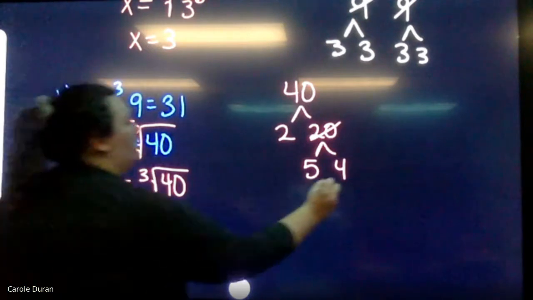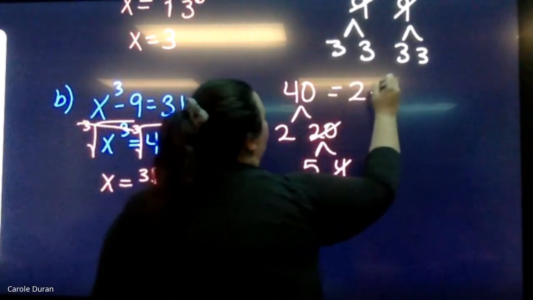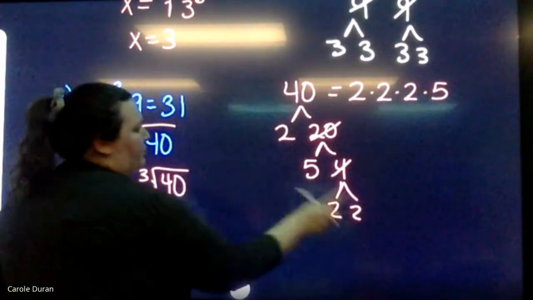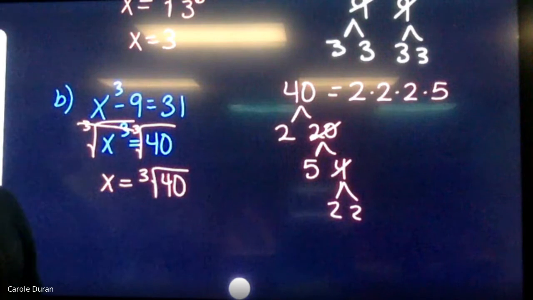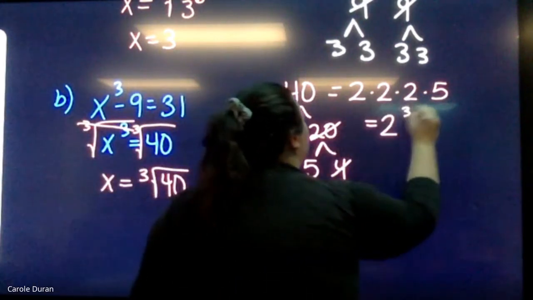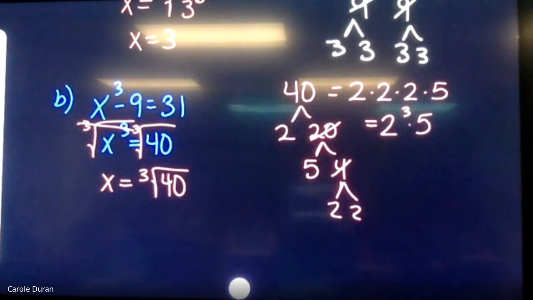2 and 2, which means the prime factorization of 40 is 2 times 2 times 2 times 5, because I had 3 2s and 1 5. I can rewrite that as 2 cubed times 5. Which means under this cube root, I don't have 40 anymore.